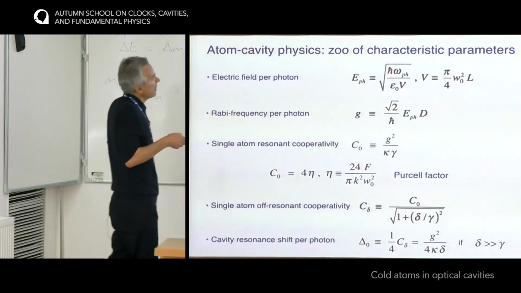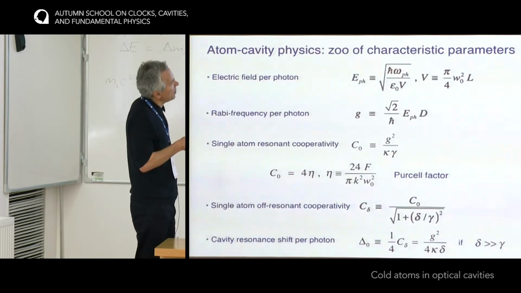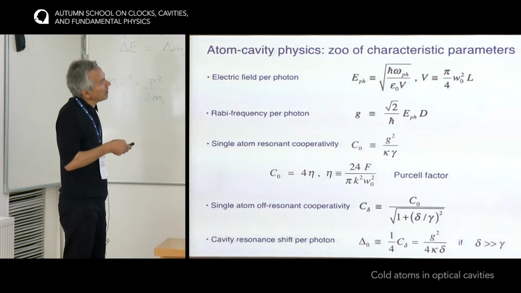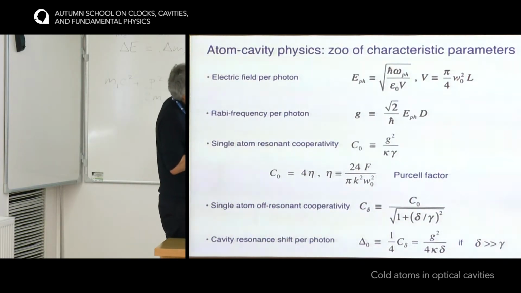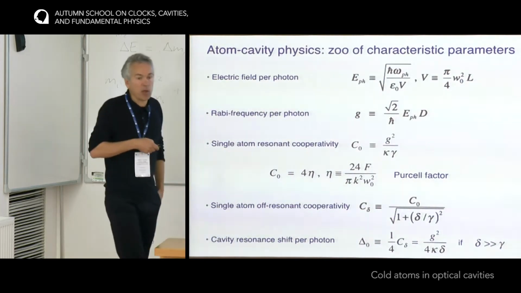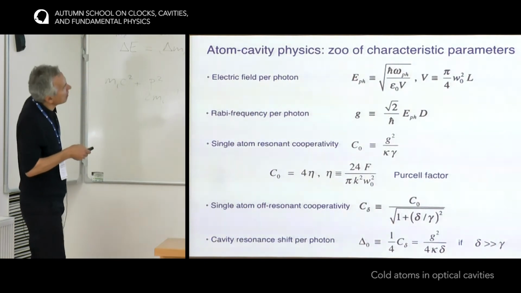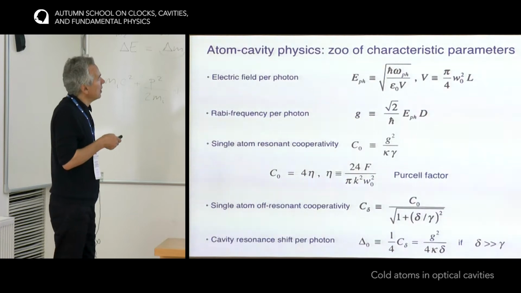This is the electric field that you get if you put one photon of energy h bar omega into a mode with a mode volume V. In our standing wave cavity, the mode volume is connected with the radius of the mode, w naught squared, and the length of the mode, L. So that is the amount of electric field you can have from a single photon.